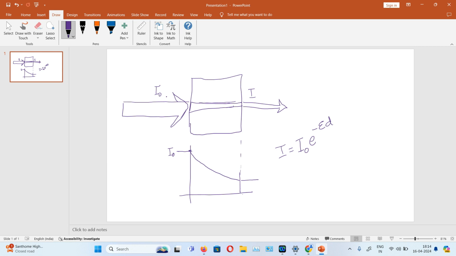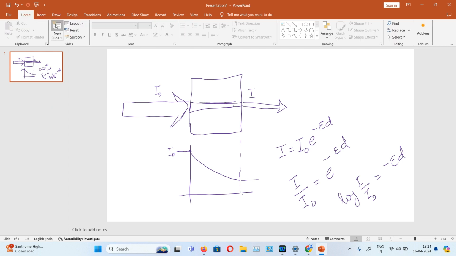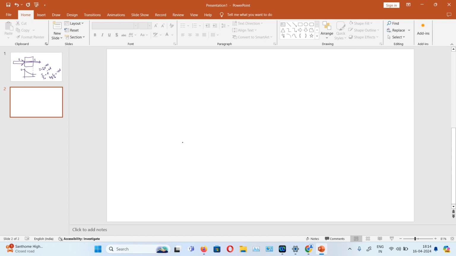The same thing we can write in another form: I by I naught equal to e raised to minus epsilon d, or take the log on both sides, ln I by I naught equals minus epsilon d, or epsilon d is equal to ln I naught by I.